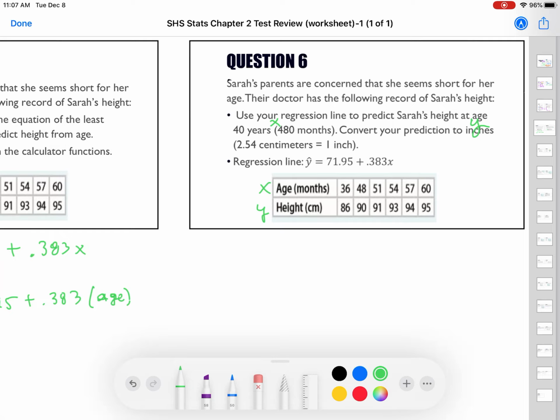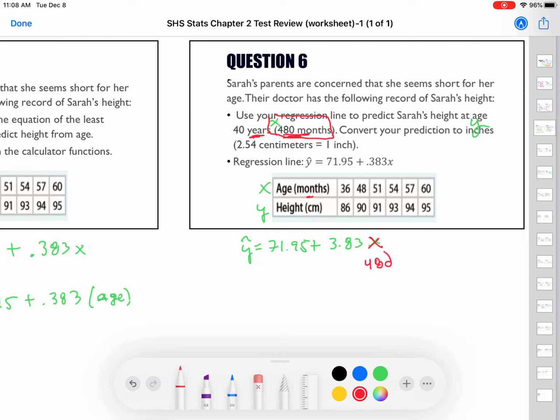So I'm just going to use the equation we had. And then we said x was, we have to use this. Notice how this one's years and this one's months. That's why it gives us 480.